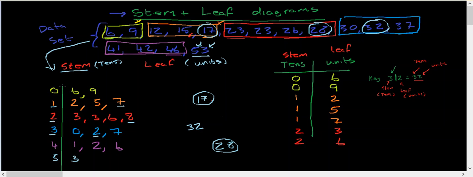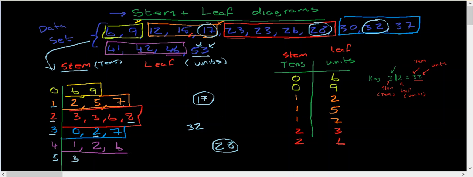You can see that these are kind of columns, similar to a histogram, except the numbers make up the frequencies.